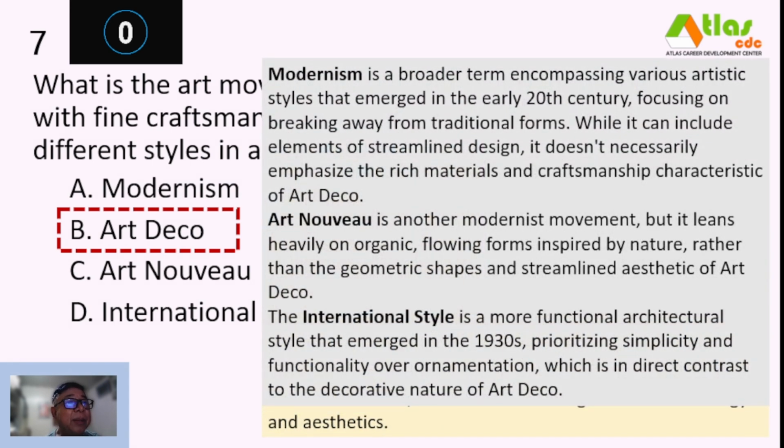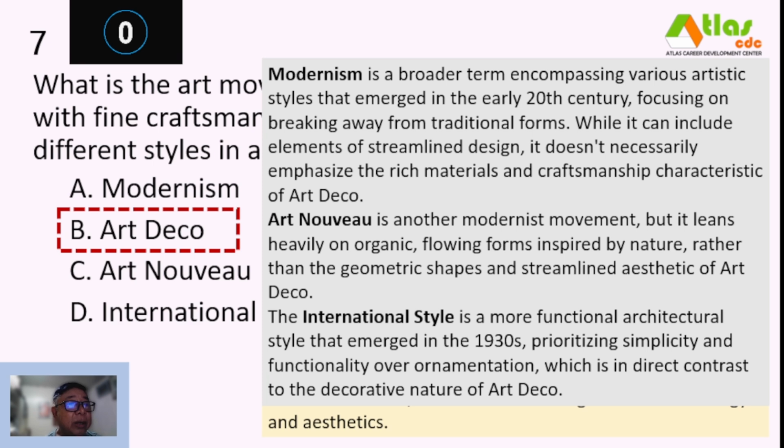Modernism is a broader term encompassing various artistic styles that emerged in the early 20th century, focusing on breaking away from traditional forms. While it can include elements of streamlined design, it doesn't necessarily emphasize the rich materials and craftsmanship characteristic of Art Deco.